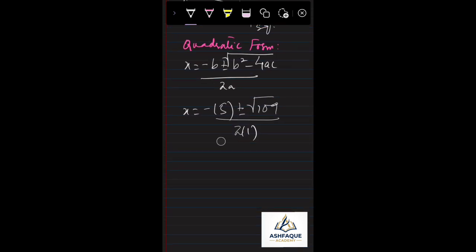So what we have, x is equal to minus 5 plus minus root 109 upon 2, that is the answer of the question.